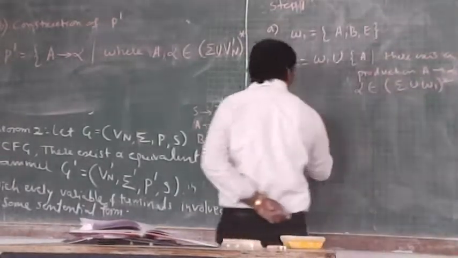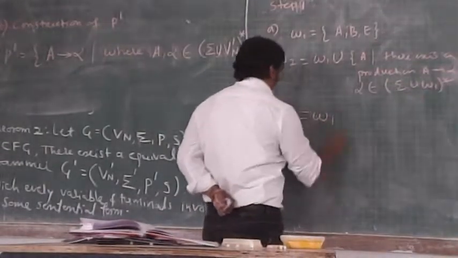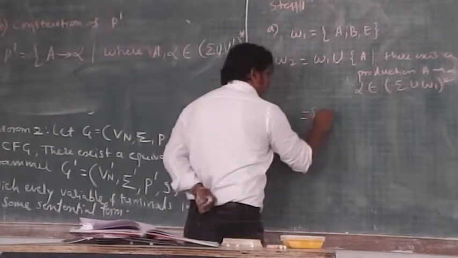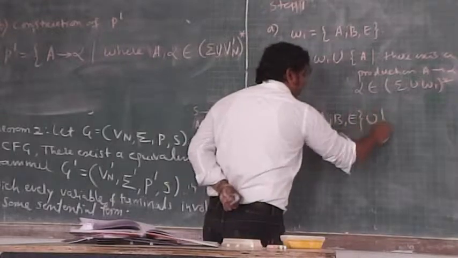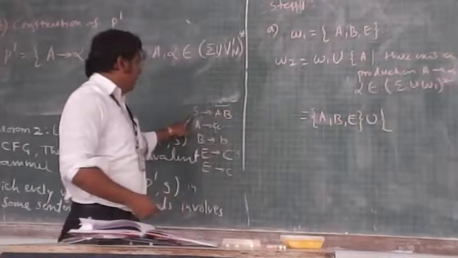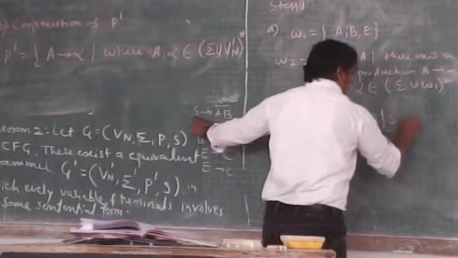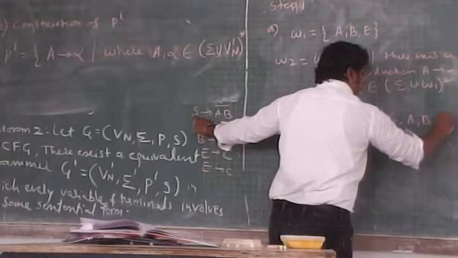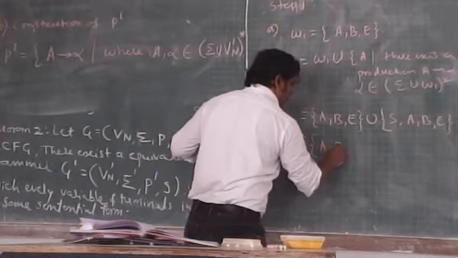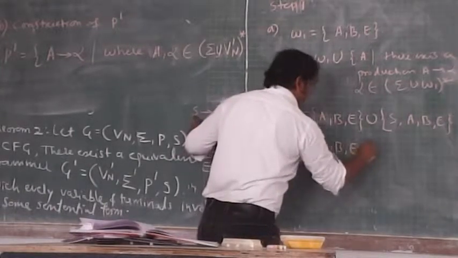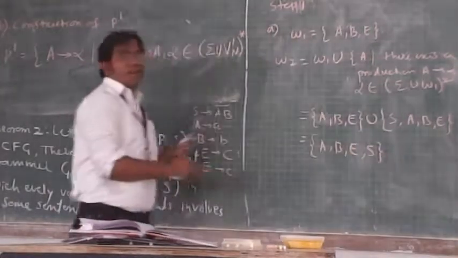In that case, I got W2 as A, B, E union S. So at this moment I got W2 as A, B, E, S.